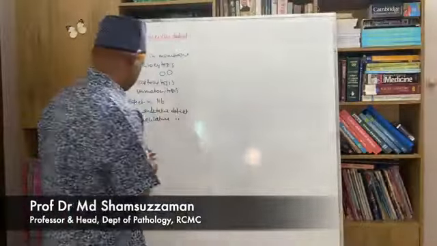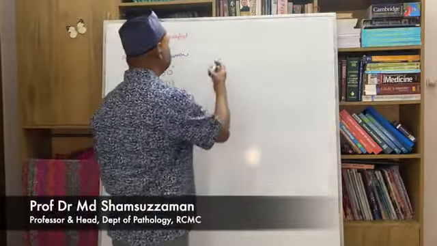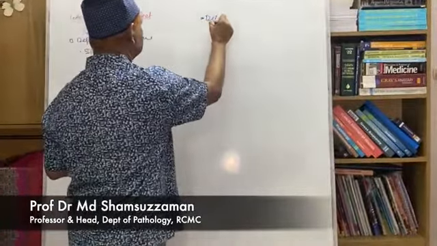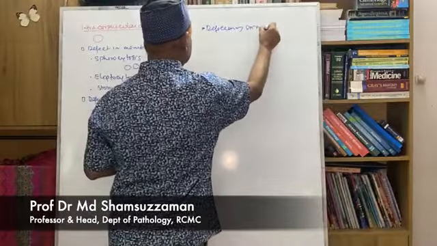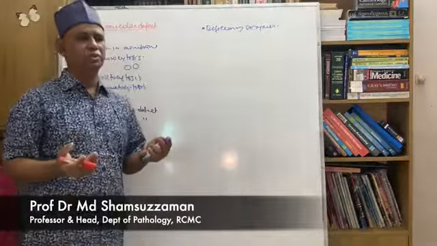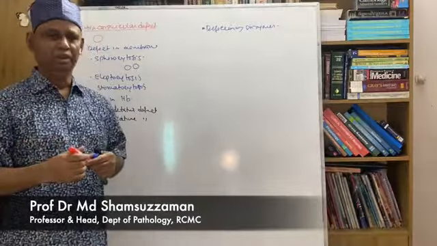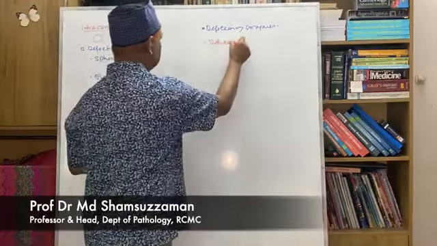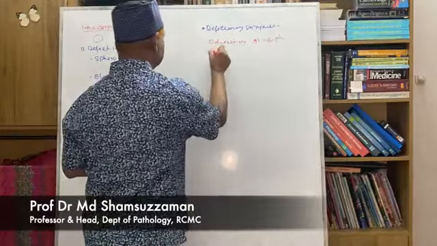Now come to defect or deficiency of enzymes within the RBC. If there is deficiency of glucose 6-phosphate dehydrogenase within the RBC, it undergoes hemolysis.